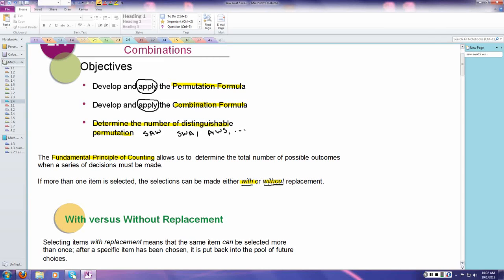That has to do with items being repeated or not repeating. So if I'm pulling 3 letters out from the alphabet to make a word, if I can replace those letters, then I would have repeats, like AAA would be a potential word. Without replacement means once I pull it, I can't put it back in.